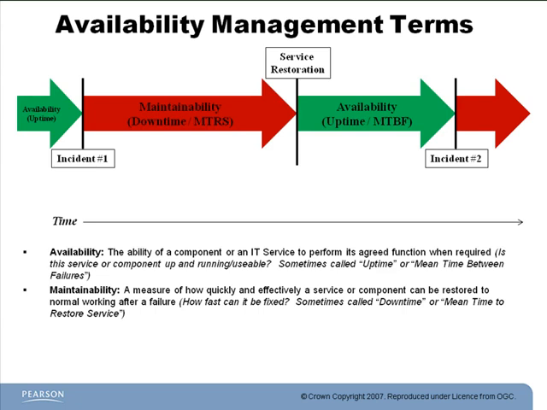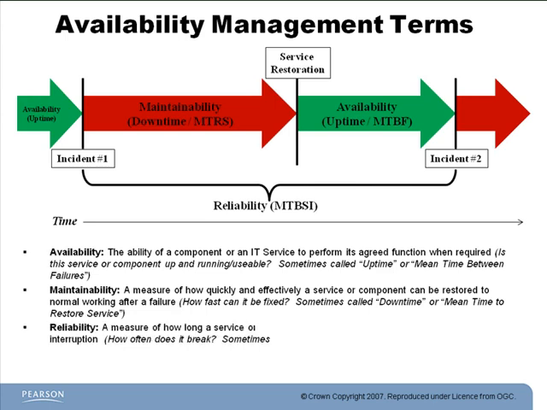And now that we have more than one incident in our records, we can now measure the service's reliability, which is how long a service or component can perform its agreed function before it breaks again. We had an incident here, and we had another incident here, so we can say that reliability can be used to calculate the mean time between system incidents, or MTBSI. The printing service isn't considered very reliable if it's breaking once a week.